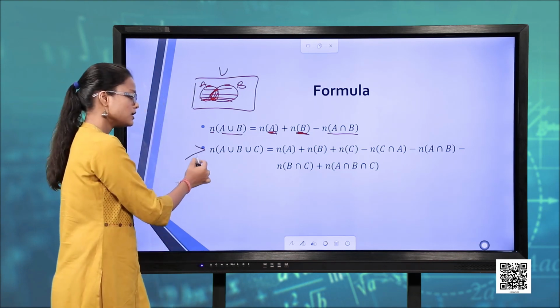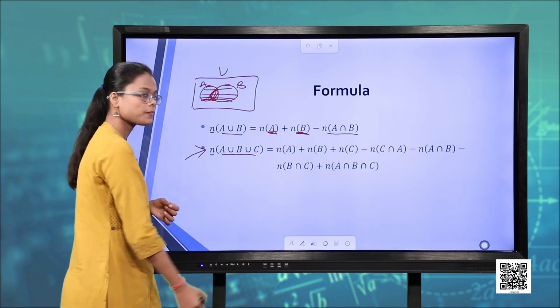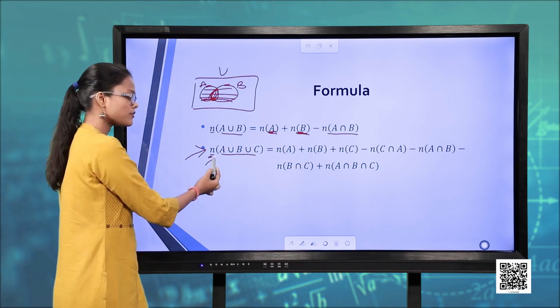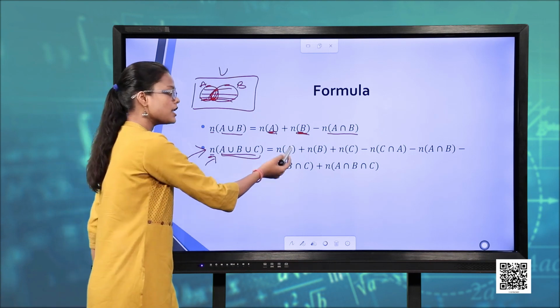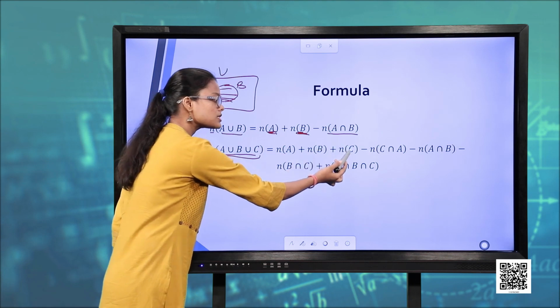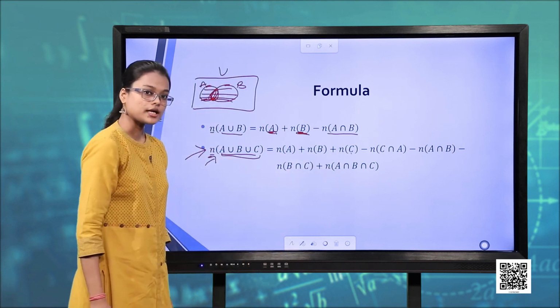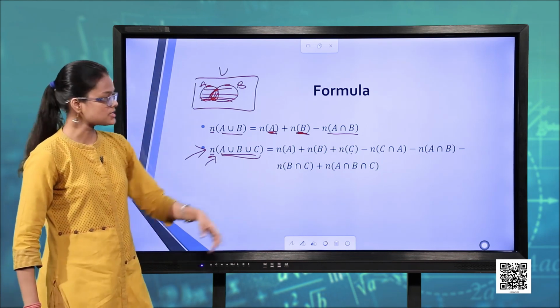If we have 3 sets, then n(A union B union C), where n is representing the number of elements in this set, is equal to number of elements in A plus number of elements in B, number of elements in C, minus the common elements. What is it?